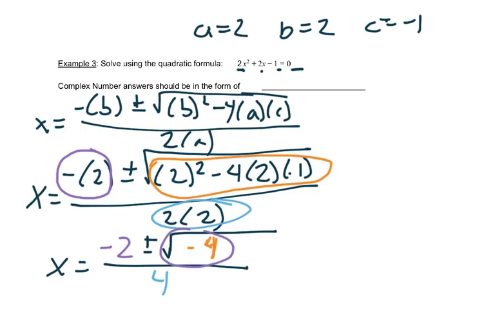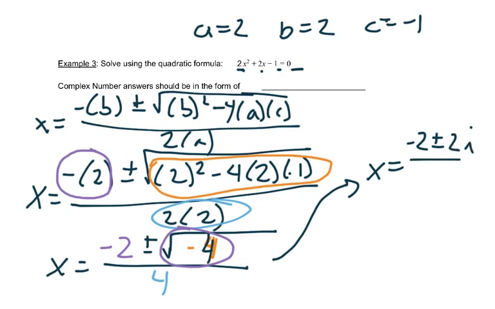Then we need to deal with the square root part. And that we've talked about in the last section. So we would have negative 2 plus or minus the square root of negative 4, which is 2i. And then because this has got an i in it, we want to write it in the right format.